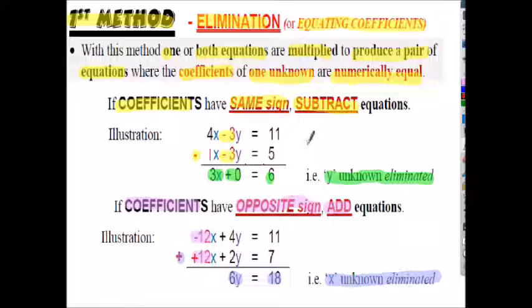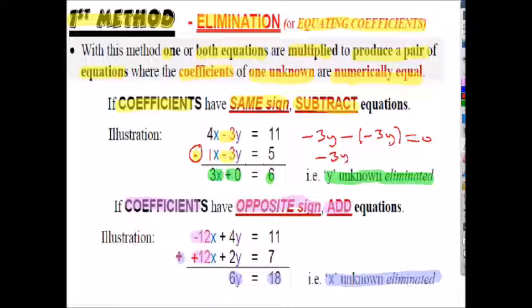So just recapping here now, the first illustration we had -3 as the coefficient for both of the y terms. So we chose to subtract the two equations because -3y take away the -3y is actually 0. Don't forget, -3y take away a -3y is actually -3y plus 3y.